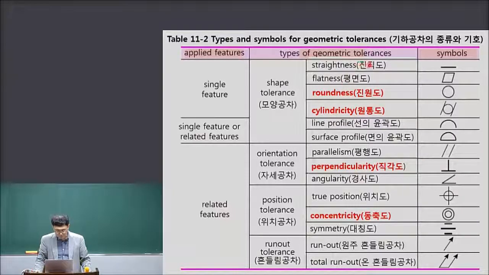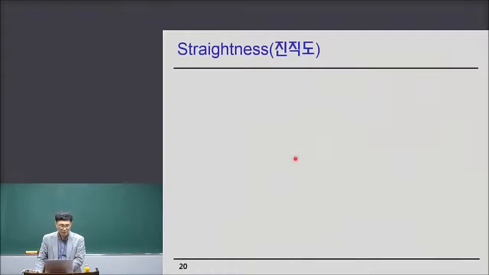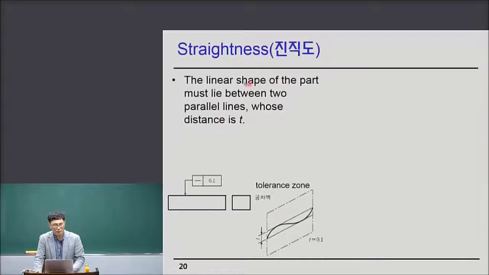And there are also many other geometric tolerances which are important. Firstly I will explain straightness. The linear shape of the part must lie between two parallel lines whose distance is t. It is the same concept as roundness.